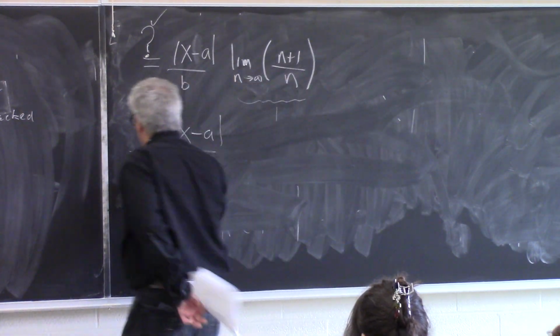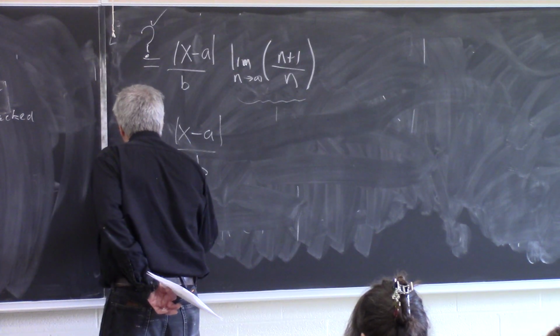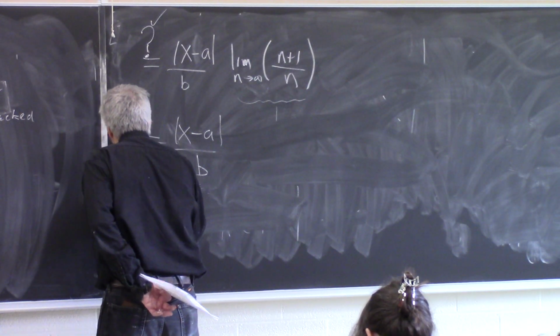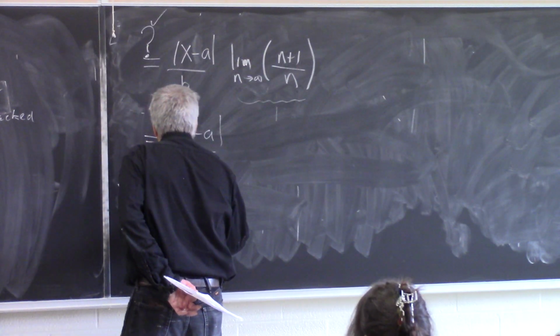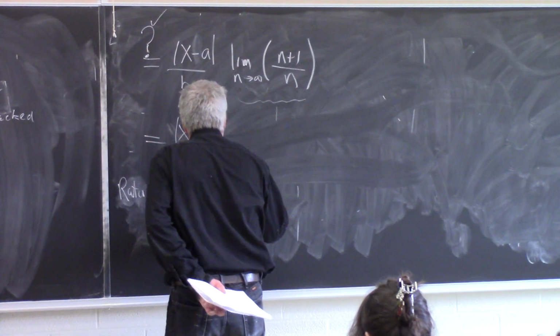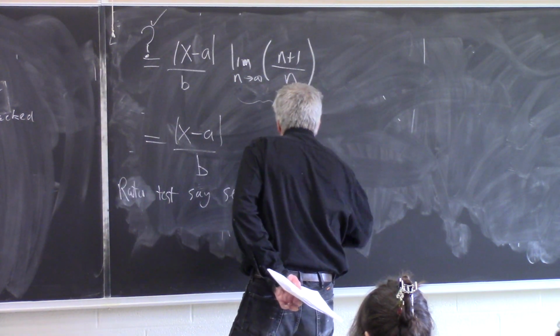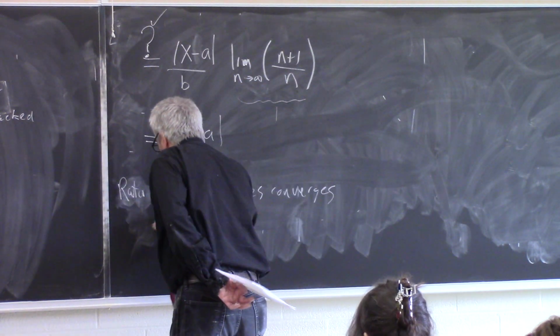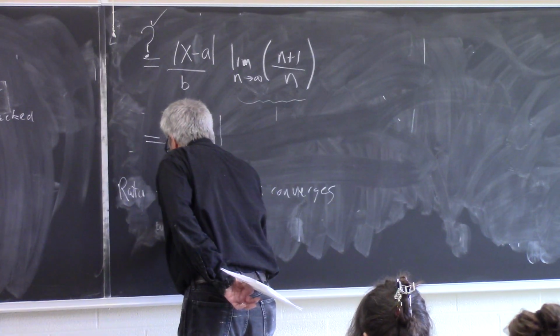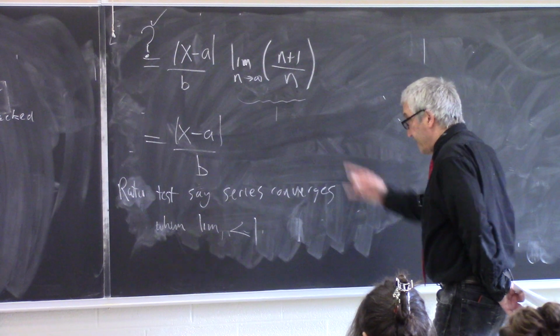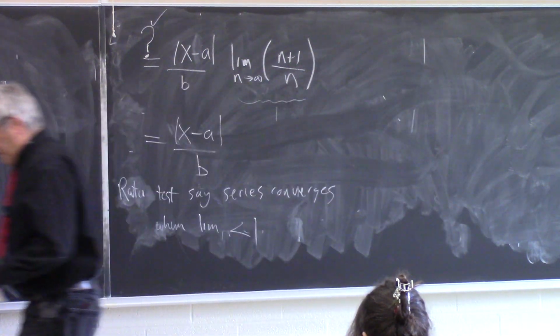So since the limit test, or the ratio test, says the series converges only when the limit is less than 1, this thing has to be less than 1.